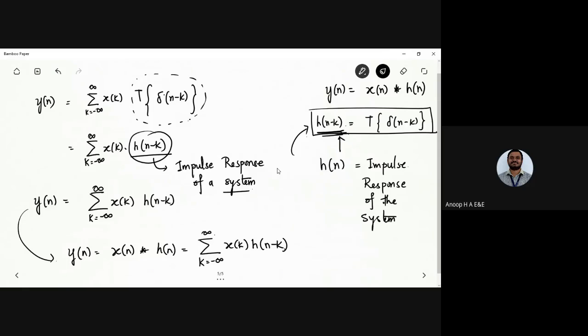The star symbol stands for the convolution operation, which gives the response of the system with h of n.